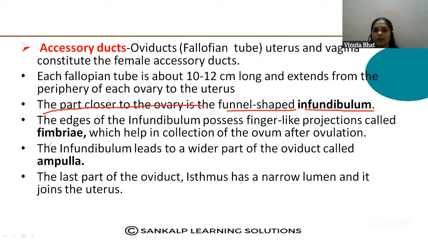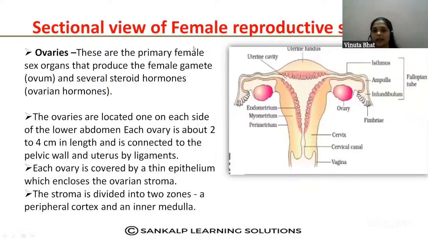Which of the following structures is nearer to the ovary and is funnel shaped? ಇಲ್ಲಿ ನೋಡಿ, this fallopian tube is divided into 3 main parts: infundibulum, ampulla and isthmus. Okay, so which part of the fallopian tube is nearer to the ovary?